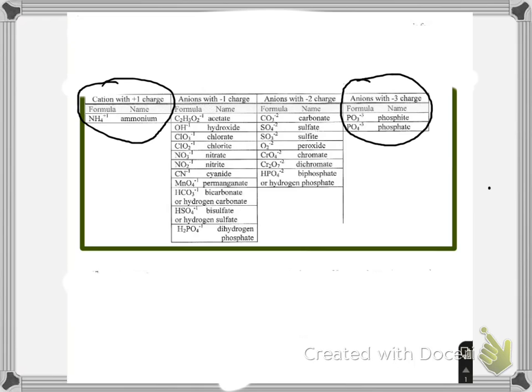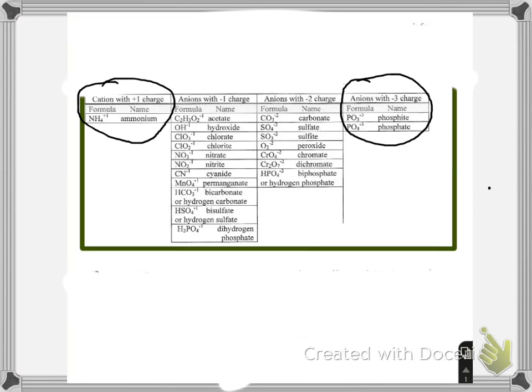Looking at this, you might notice the ites and ates, and every time the ate will be the one with a larger number of oxygen atoms. This goes along for every one of them with ate or ite.